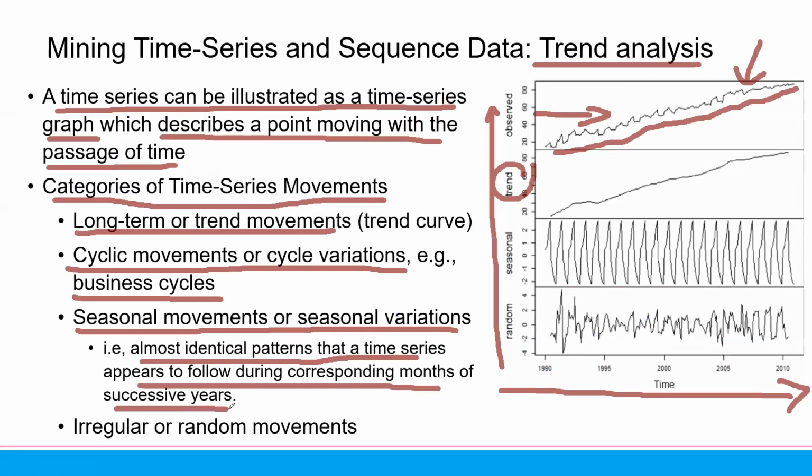If we have winter time, summertime, springtime. If it is summer, then it is time for going to the swimming pool. If it is winter, then many stores will sell jackets. So that's seasonal. We can see the pattern. But there might be some irregular or random movements. It means we don't know the patterns, just random.